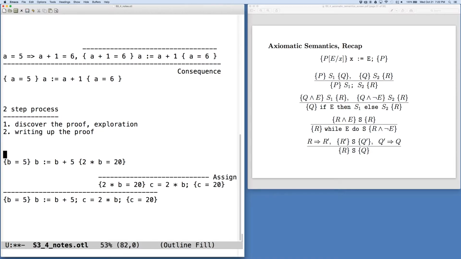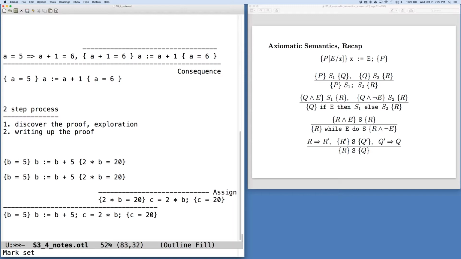And again, we can consider what our axiom of assignment will do. Right? So we can put this up here and say, well, what would the axiom of assignment generate for us? All right, so what goes here? Well, we take that assignment and we replace b in the post condition with the expression.